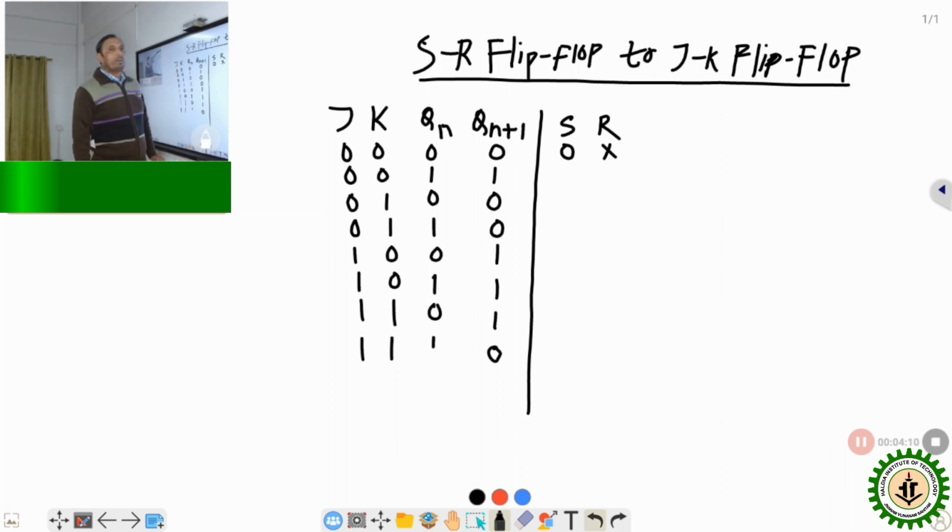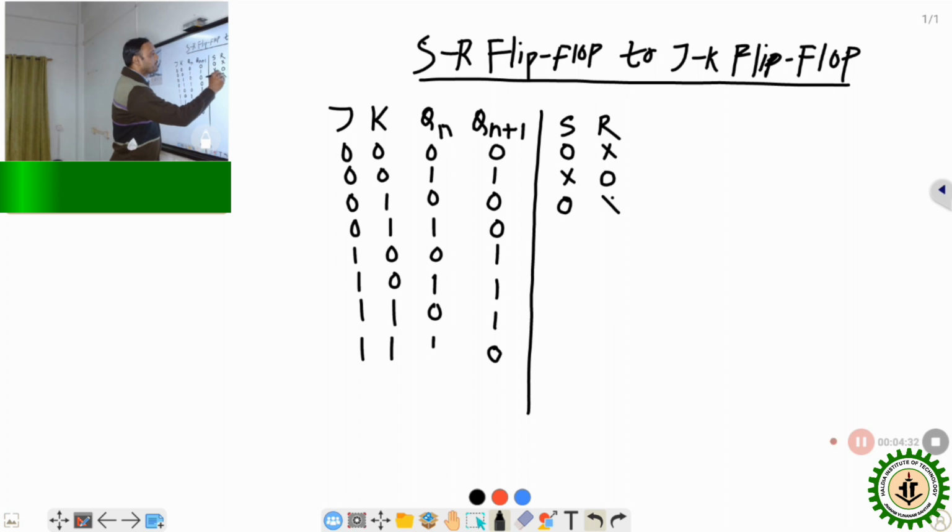For the case of 1 1, the SR value will be 0 0 or 1 0, so it is don't care, 0. For 1 0, the present output is 1 and the next output will be 0, so S will be 1 and R will be 0.